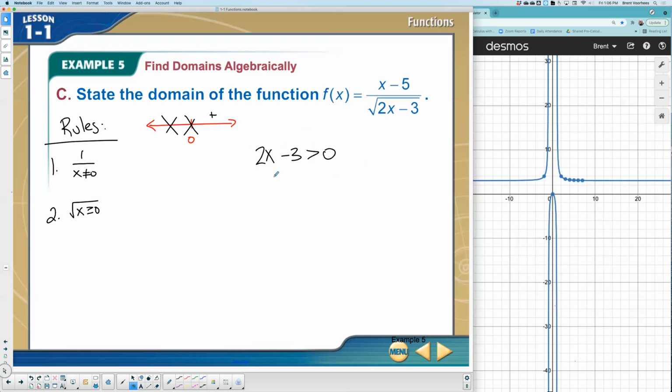So let's now solve this. It's 3 steps. There's step 1. What's step 2? You're solving for x. Add 3. I'm trying to get x isolated, so I need to do the opposite math that I see. I'm subtracting 3. The opposite of subtracting 3 is adding 3. Now we have that 2x has to be greater than 3.